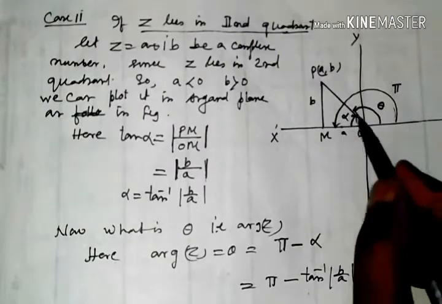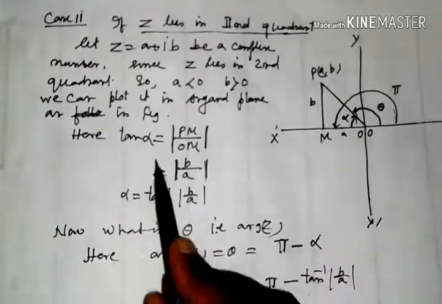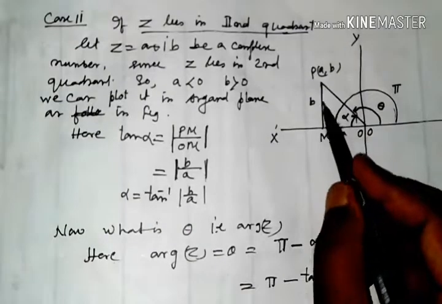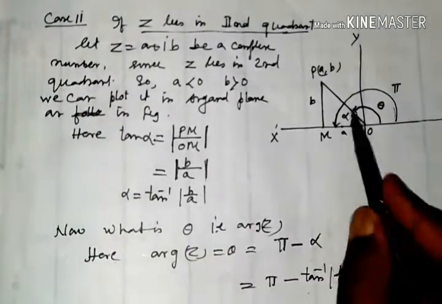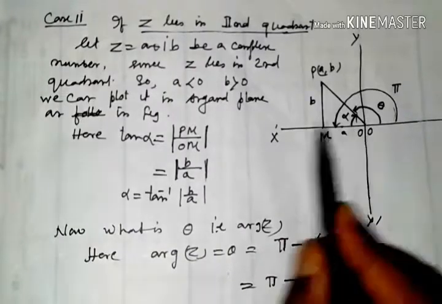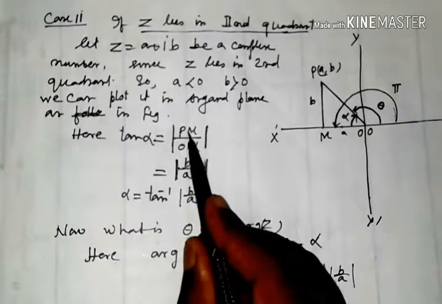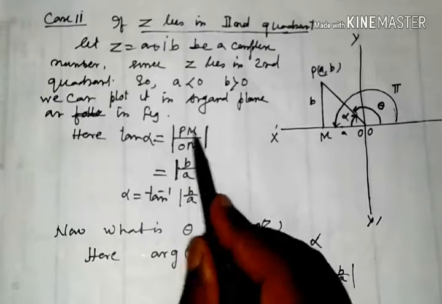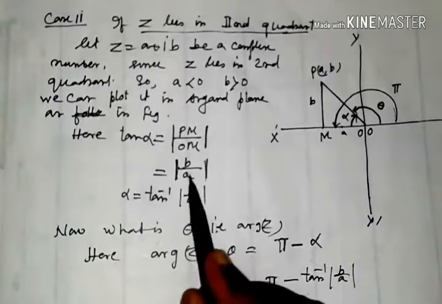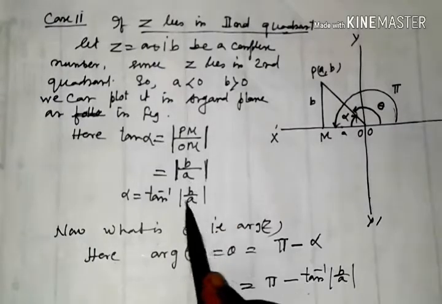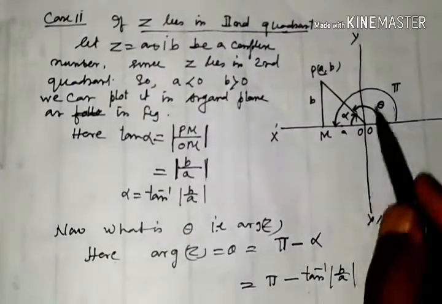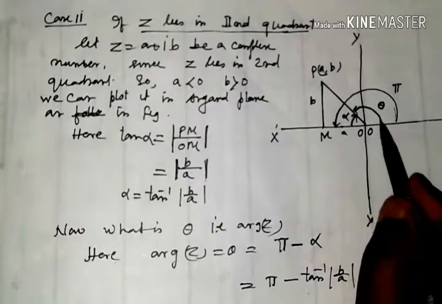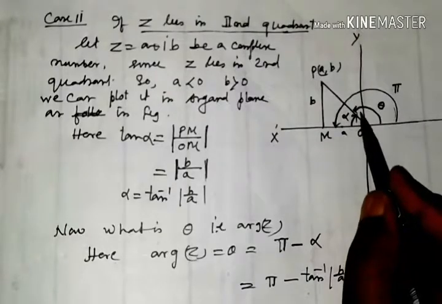Now, what is alpha? Tan alpha is equal to perpendicular by base, therefore PM by OM. Since alpha is an acute angle, we write it within the modulus: b by a, that is, alpha is equal to tan inverse of the modulus of b by a. Now, what is theta? This is the actual argument of the complex number.